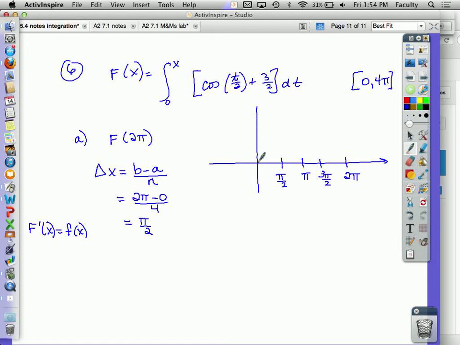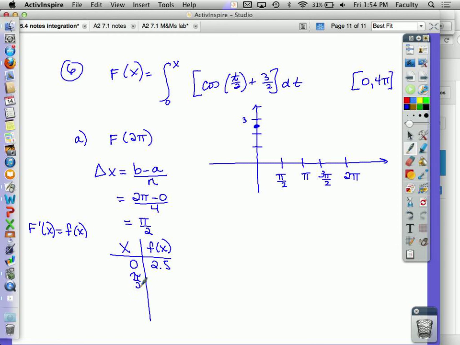So if I plug in 0 into this function here, the cosine of 0 is 0. I'm sorry, the cosine of 0 is 1. 1 plus 1.5 is 2.5. If you need me to, let me make a table here. So if I plug in 0, that's 2.5.